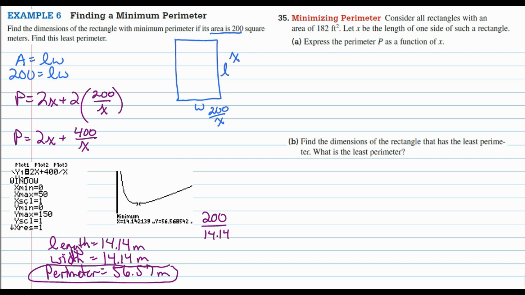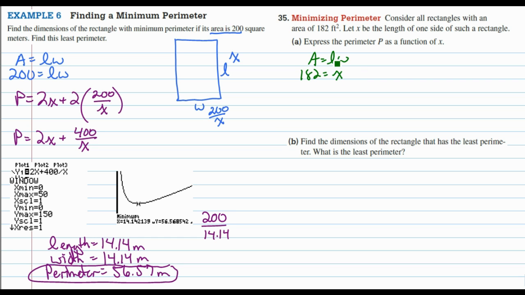The now try problem is number 35. Consider all rectangles with an area of 182 square feet. Okay, so if their area is 182 square feet, I know that area equals length times width. Let x be the length of one side.